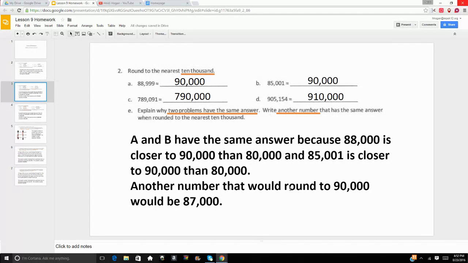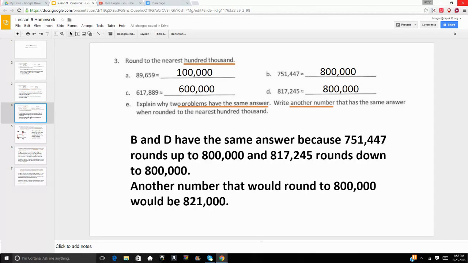So another number that would round to 90,000 would be 87,000. Now, I could put a lot of different digits in the ones, tens, and hundreds. I just chose to keep them zeros for simplicity's sake. But I'm thinking we could get 15 different answers for another number that could round to 90,000. I can't wait to see what you all do.